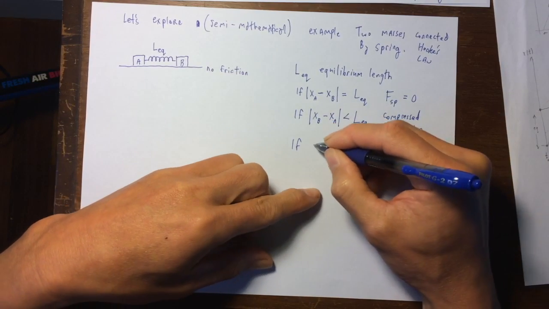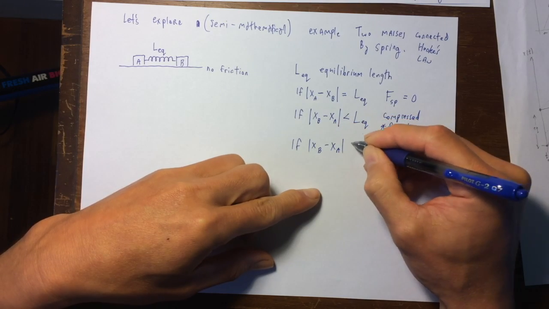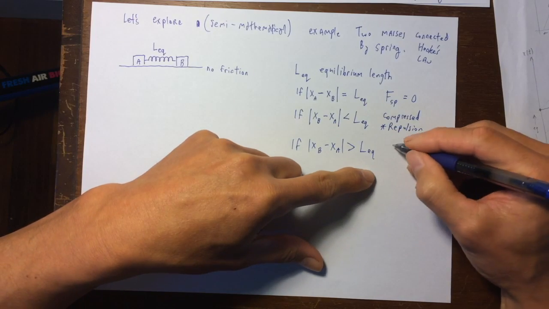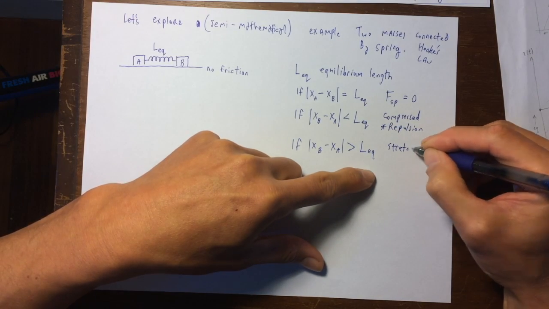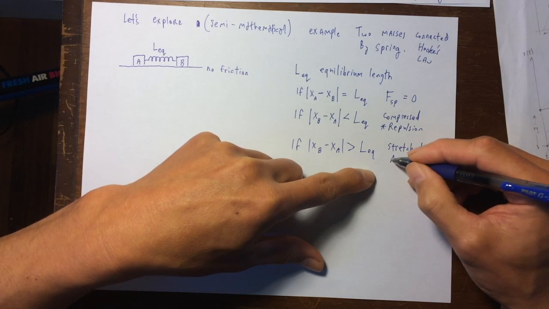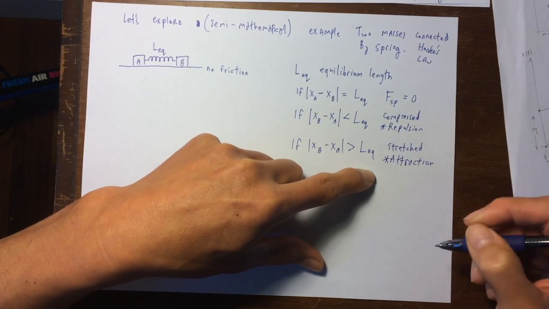And if instead x_B and x_A have a separation that is bigger than the equilibrium length, this is a stretched spring, and we have attraction, right?